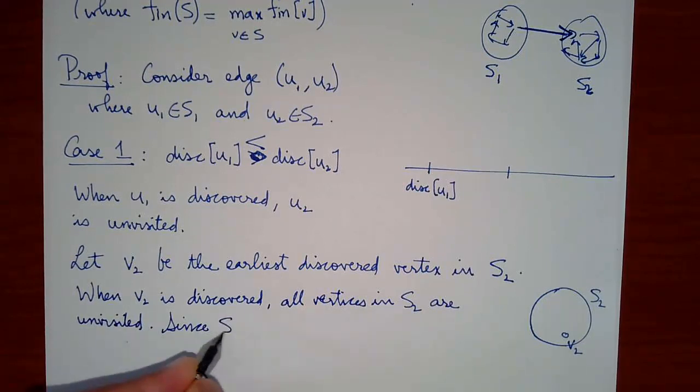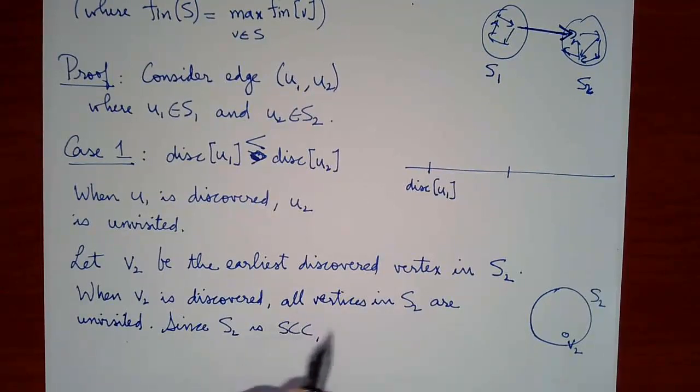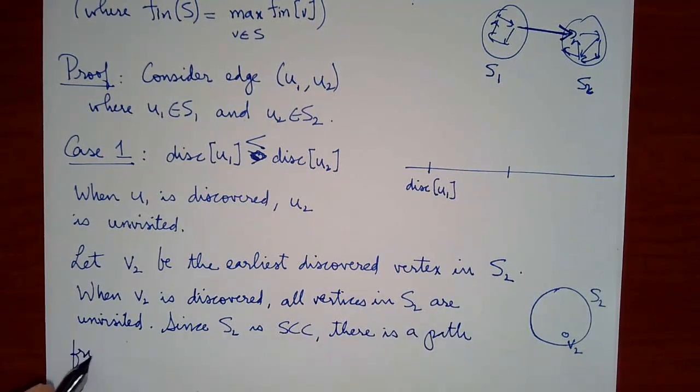Since S2 is a strongly connected component, there is a path from V2 to all, I'll call it W, in S2.